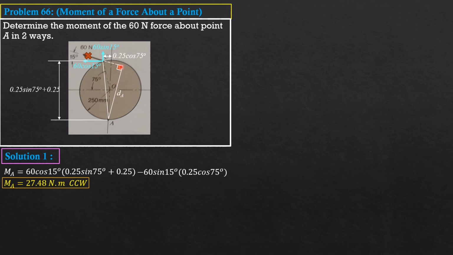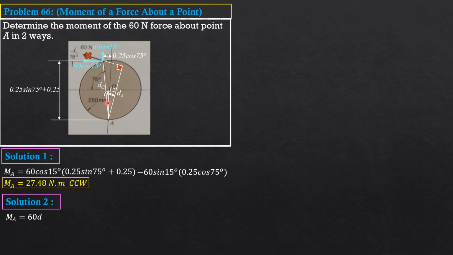The angle that d sub A makes with the vertical is also the angle of inclination of the force, because this is perpendicular to the line of action of the force, so it's also 15 degrees. So that's d sub C. So that's 15 degrees, and let's call this very small angle here theta, to be determined. Therefore, d sub A is d sub C cosine of quantity theta plus 15 degrees.